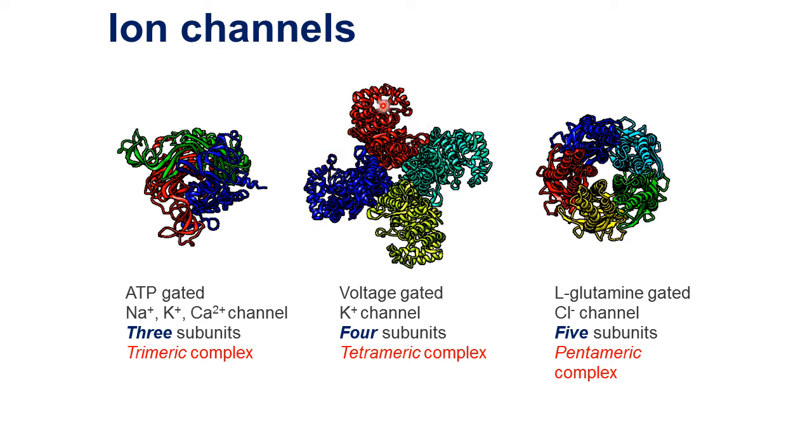The second example here is a voltage gated potassium channel. It's composed of 4 identical subunits in different colors, and again you're looking down the channel. So this is a homotetrameric complex.